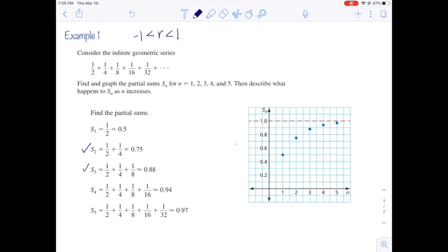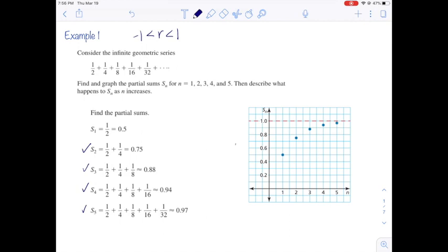And you're just adding a little tiny bit more the more and more terms you add. So by the sum up until the fourth term, it's 1/2 plus a fourth plus an eighth plus a 16th, and that's 0.94. And even by the time you get to the fifth term, it kind of starts to stall out, and it only adds a little tiny bit more each time you add another term.